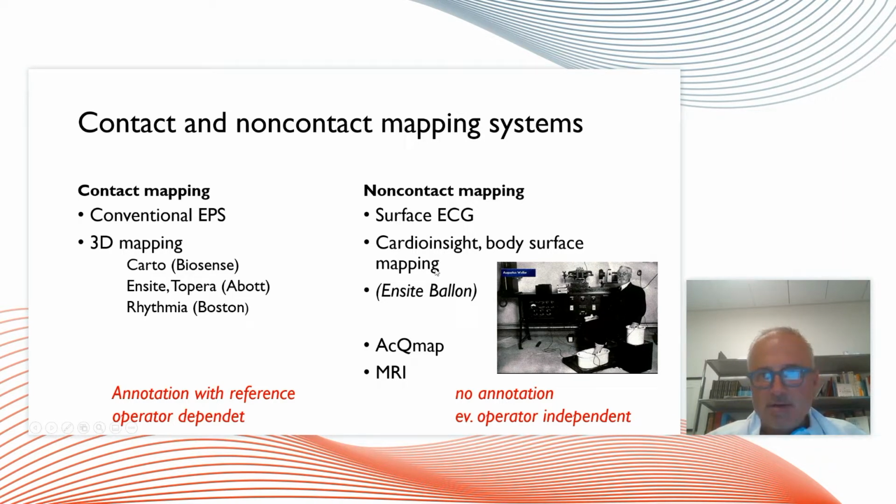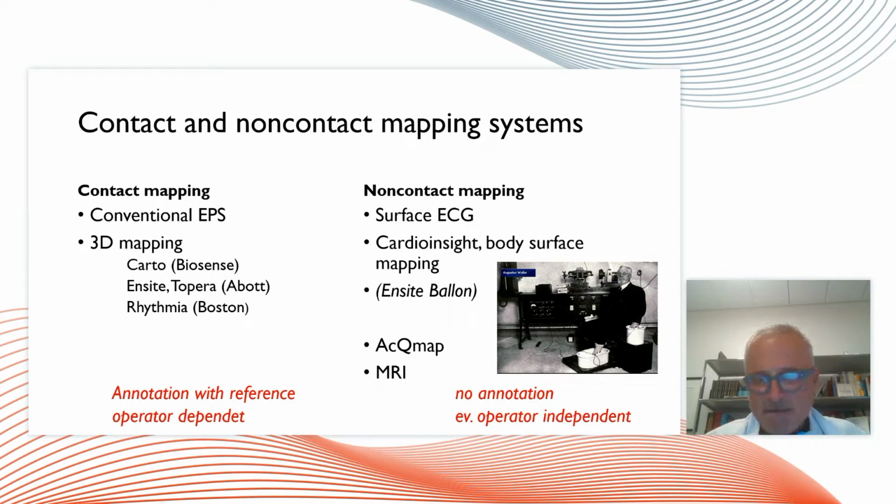Then there were newer non-contact mapping systems from the body surface. There was one non-contact mapping system, the N-side balloon, which probably a lot of you know. It had a lot of problems and didn't really gain market acceptance. And then there is AccuMap, and in the future maybe MRI will also be a non-contact mapping system.